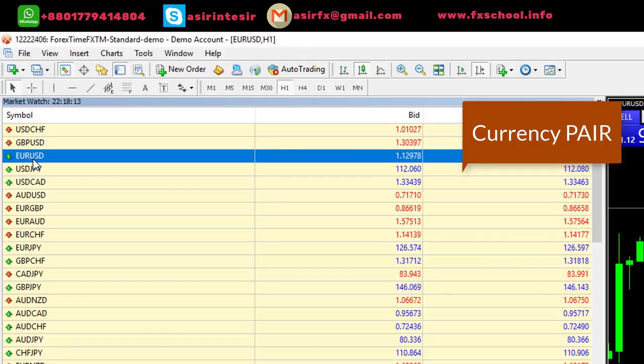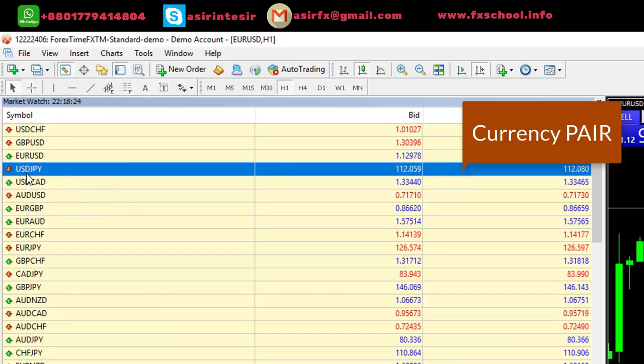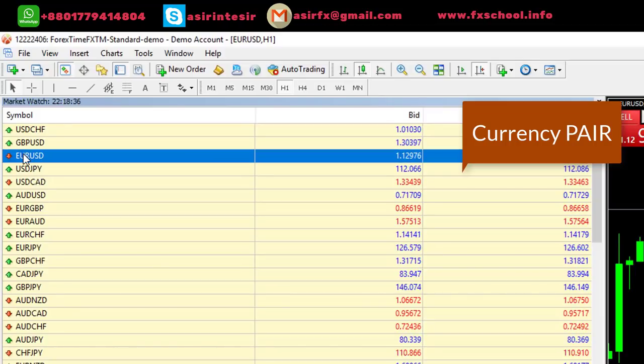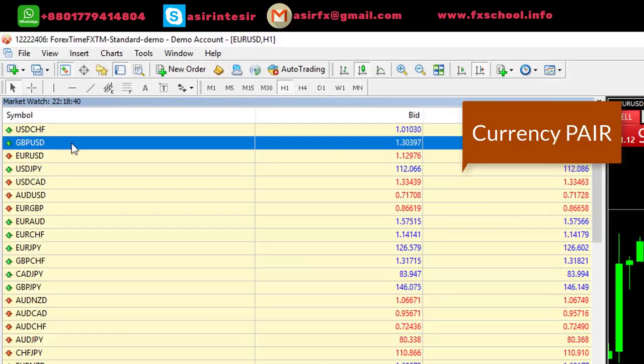And if you see Euro USD, the Euro is also not alone. With the Euro we have another currency, the USD, and there you can see USD JPY. USD is also not alone. With the USD we have the JPY currency, meaning the American dollar and the Japanese yen, and there is the Euro with the dollar, and the pound with the USD.